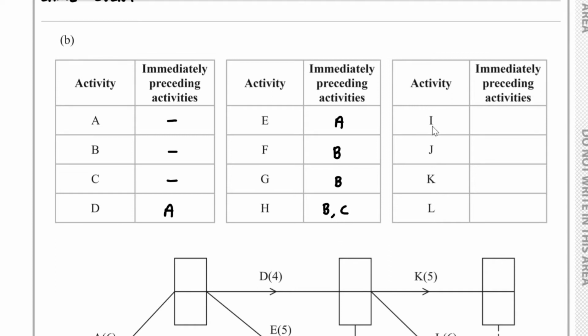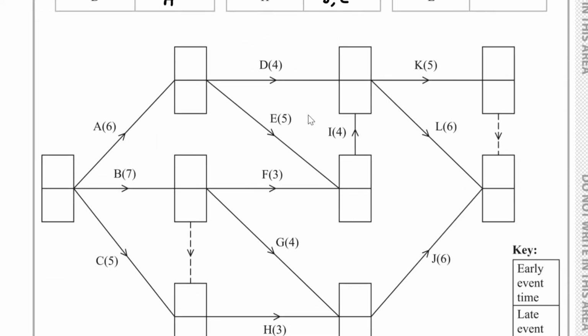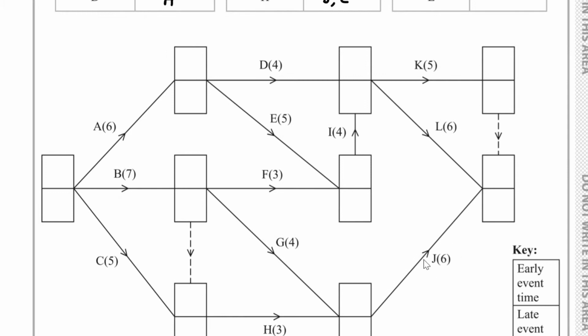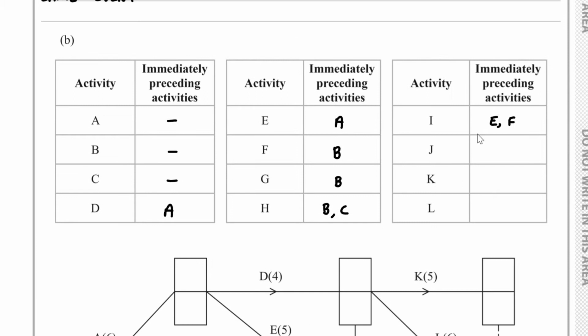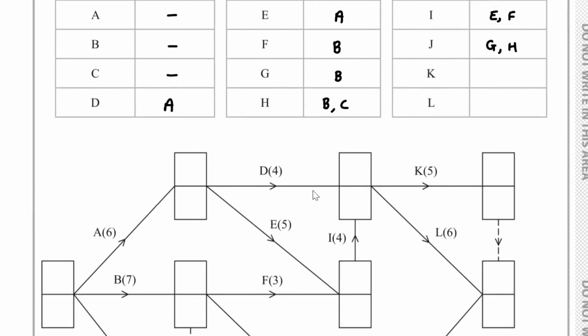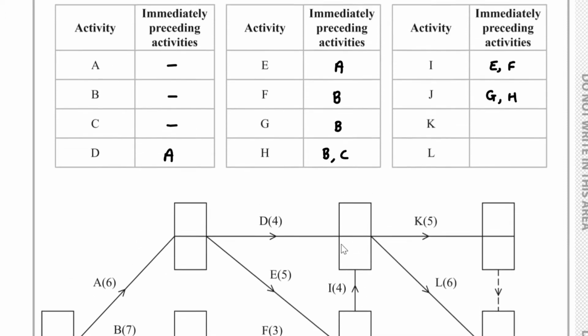Let's take a look at I. You can see I depends on E and F. So we have E, comma, F. Let's take a look at J. You can see J depends on G and H. So we have G, comma, H. Let's take a look at K. You can see K depends on D and I completing.